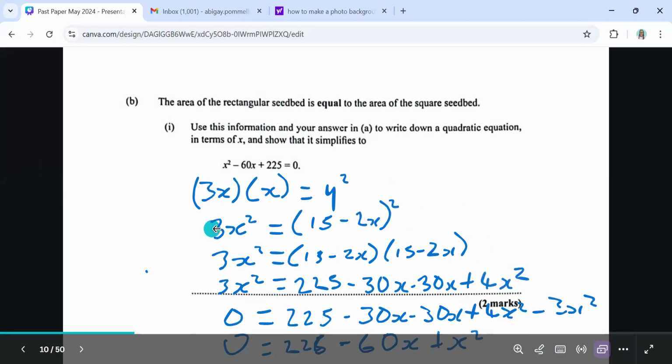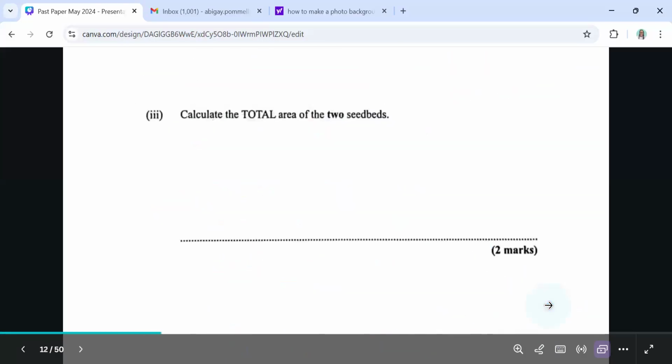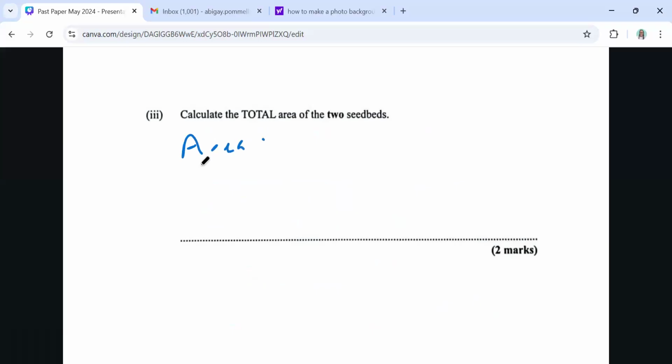Now I'm going to use the 3x squared, that's much easier. So 3x squared, and it's two of them, right? So I'm going to multiply that. 2 times that is 6x squared.